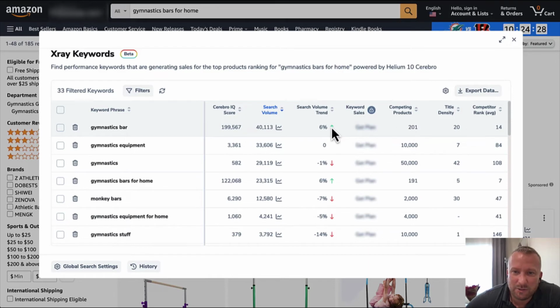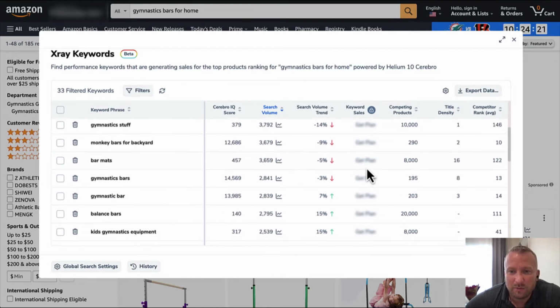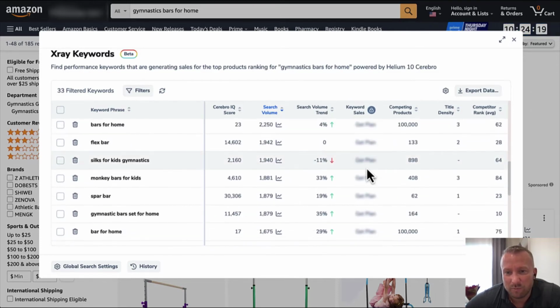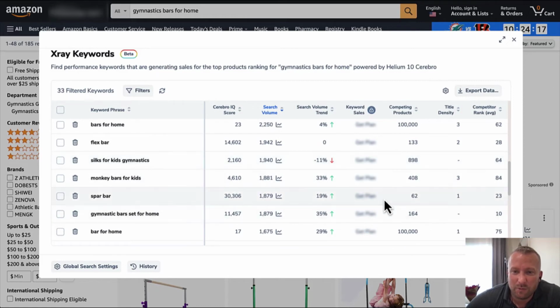You can also see the search volume trend, which is going up 6%, right? And you can see some keywords with just maybe 62 competing products, and some where search volume is actually growing. Some markets are actually growing.